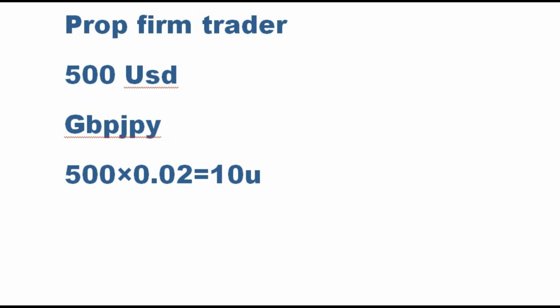With 10 USD, when you are trading GBPJPY, you need to first convert the 10 US dollars into Japanese yen. To convert dollars into Japanese yen, you need to look at the exchange rate of USDJPY.